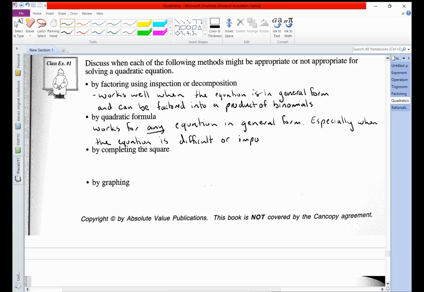So if you can't factor that, or it's just really big numbers and you're struggling, you can use the quadratic formula.